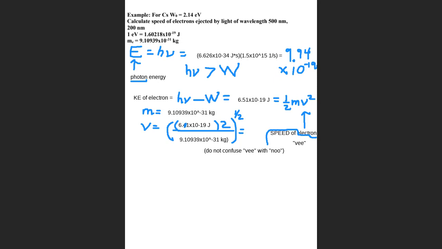This should be a 10 to the 5. And I get 8.45 times 10 to the power 5 meters per second.